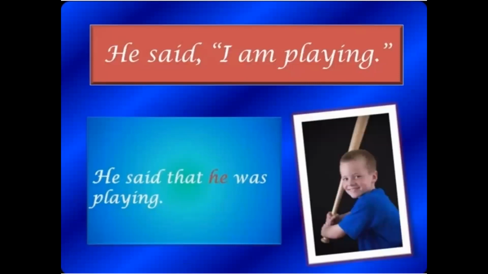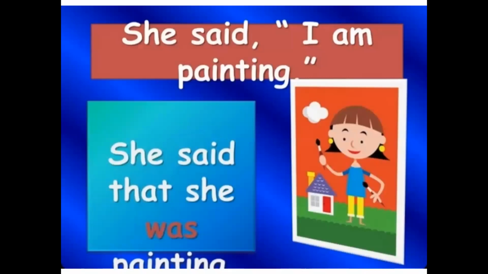Here we can see, he said, "I am playing." In that manner, we will say he said that he was playing. When we tell someone about his words, like he is playing, we will convey it as he said that he was playing. Here we go. She said, "I am painting."